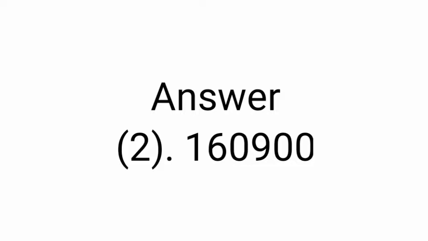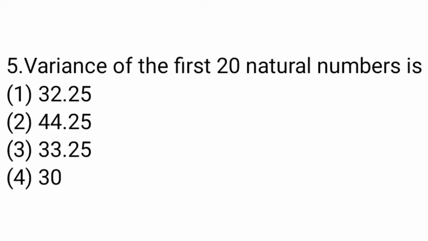Question number 5. Variance of the first 20 natural numbers is option 1 32.325, option 2 44.25, option 3 33.25, option 4 3030. What is the question? Variance of first 20 natural numbers. So first we find the standard deviation of 20 natural numbers. That is formula root of n square minus 1 divided by 12.